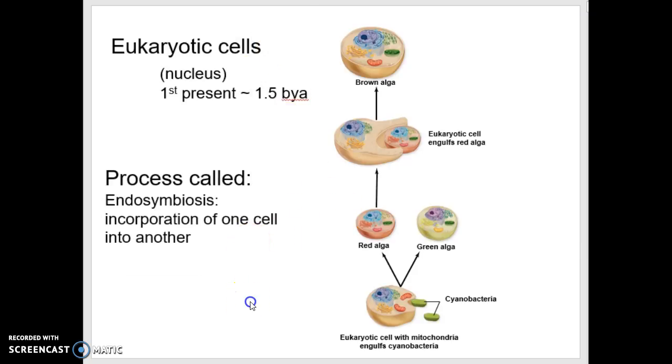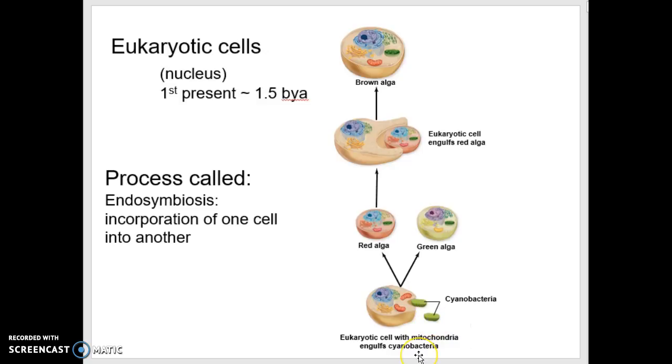So the thought is early bacteria, one of them engulfed another one. It engulfed another single-celled organism, and instead of destroying it, killing it, eating it, it started working together. They started working in conjunction and improving the success or the survival of both organisms, and they began to become mutualistic with each other, supporting each other, benefiting each other.